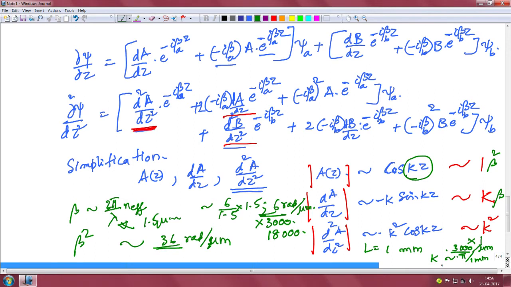And when you have the second derivatives, they are multiplied by k square. So k square goes as 3000 square radian square per meter square, which is of the order of 9 followed by 1, 2, 3, 4, 5, 6 zeros.